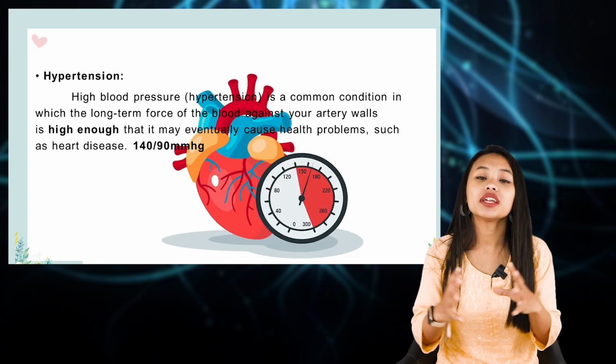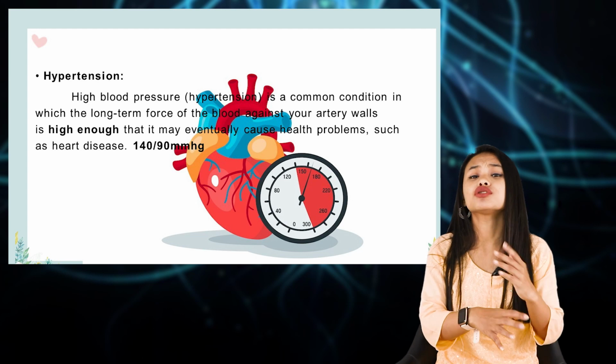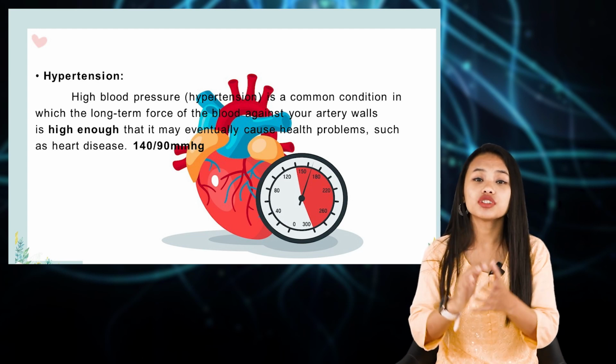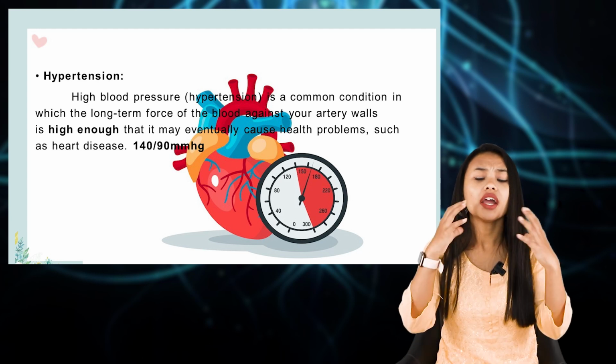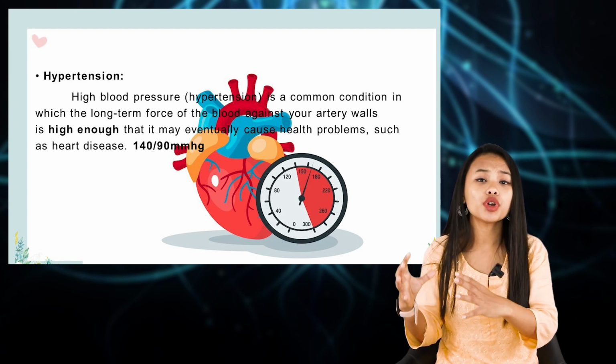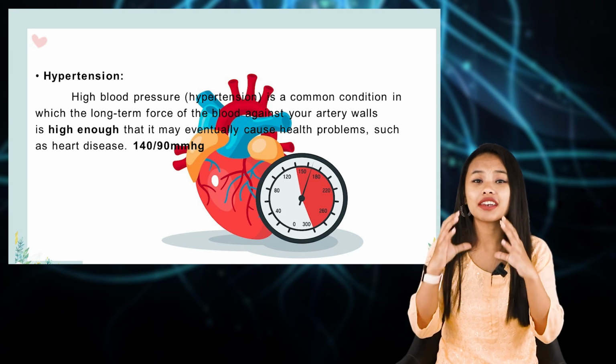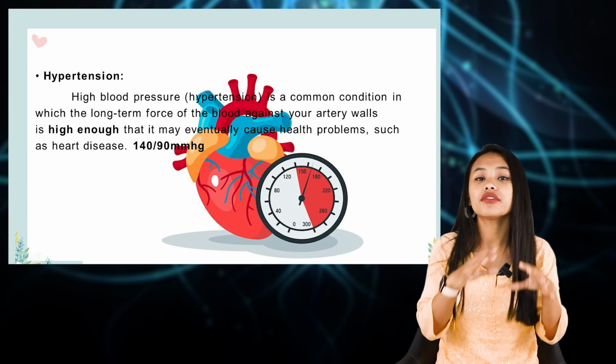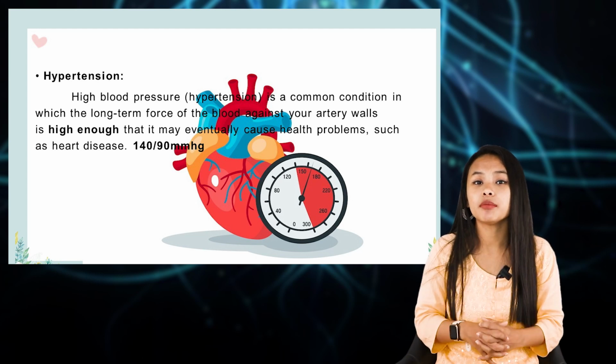And then the second one is hypertension. Hypertension is just the opposite of hypotension. So hypertension, which is also high blood pressure, is a common condition in which the blood pressure of an individual will be higher than the normal level. That means it will be higher than 120 by 80 mmHg.